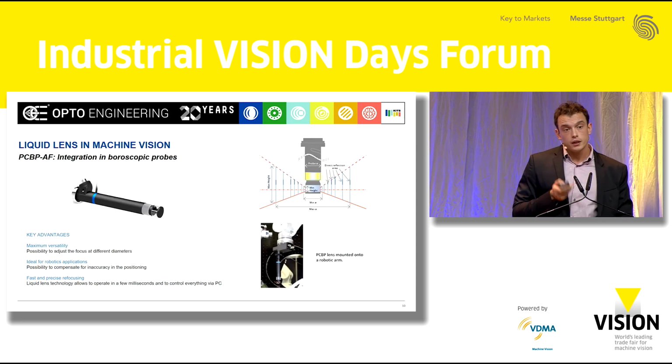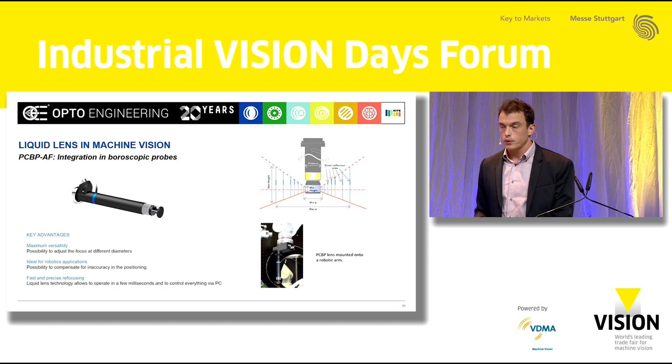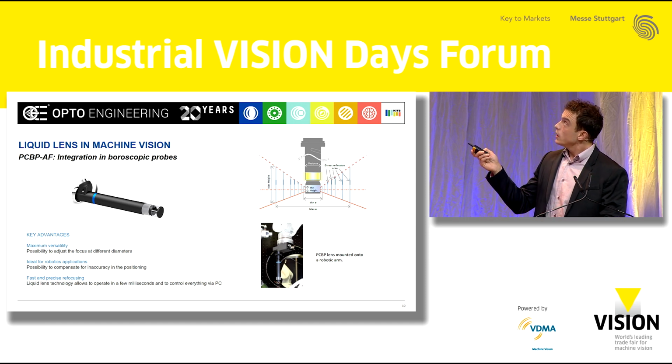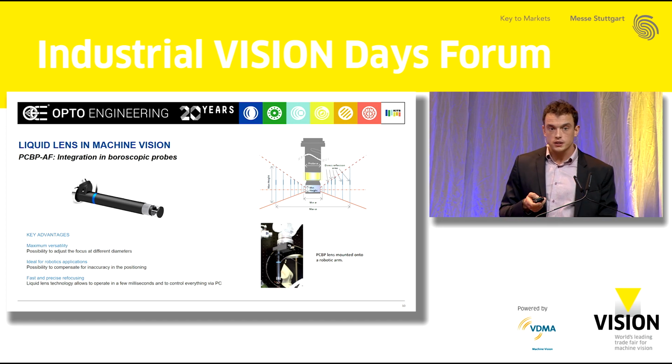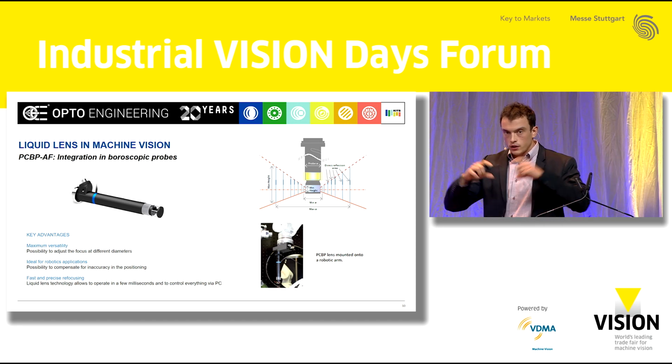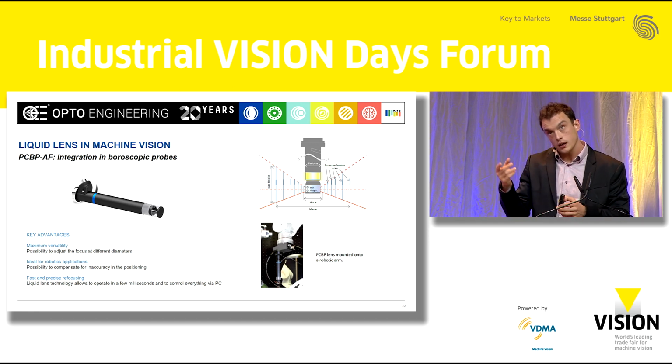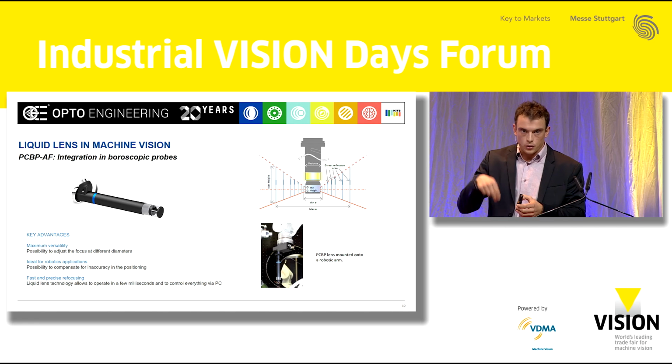We have also integrated liquid lenses on another type of what we call inner inspection lenses, represented by borescopic probes. Here you can see the working principle. These are optics allowing you to see the inner sides of an object, placing the optics inside the object itself.